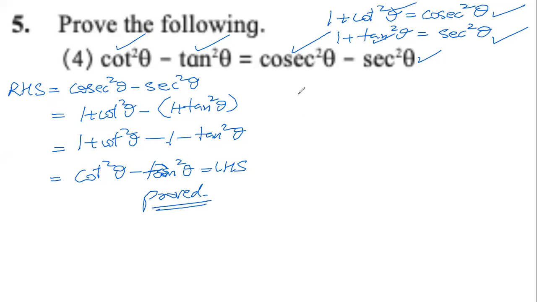Now, if I start from the left hand side, cot square theta minus tan square theta. What I will have to do here is write in place of cot square theta, cosec square theta minus 1. If it is easier for you, please go ahead and do it.